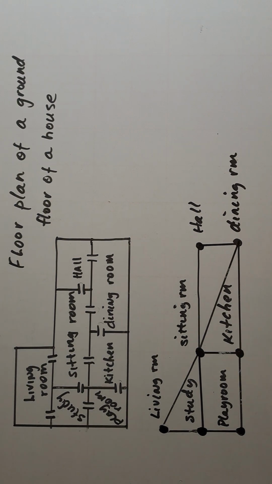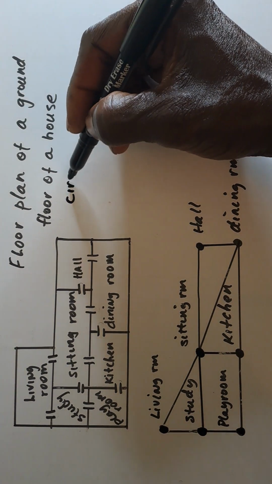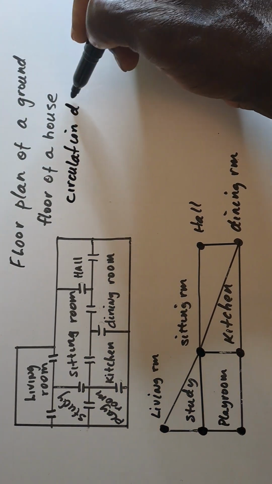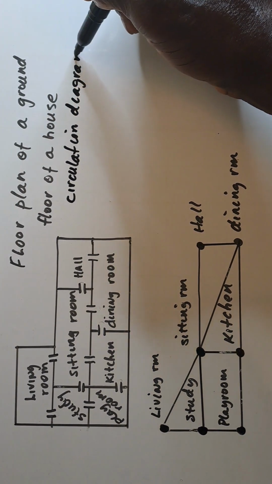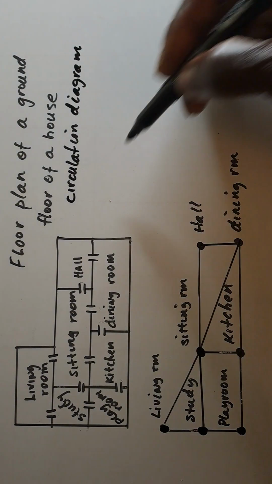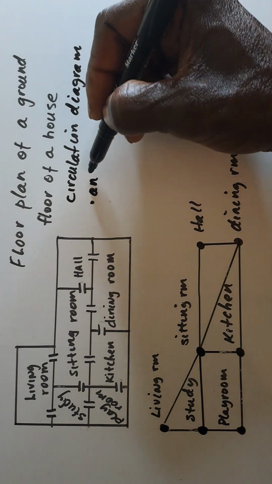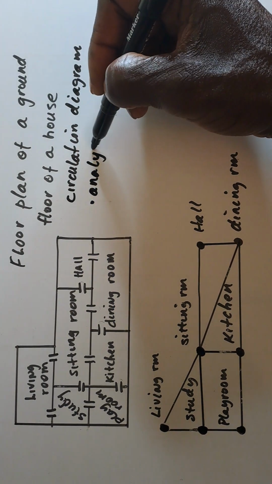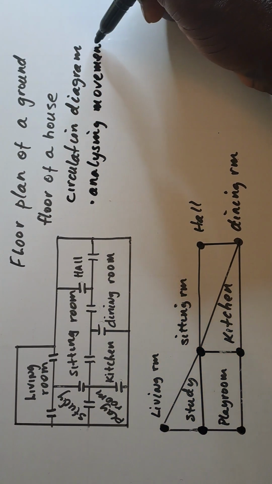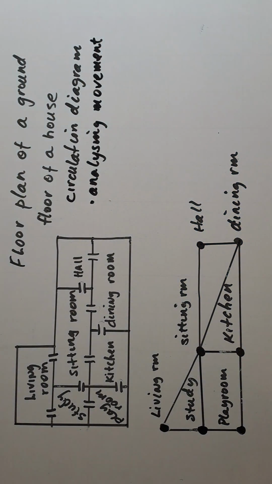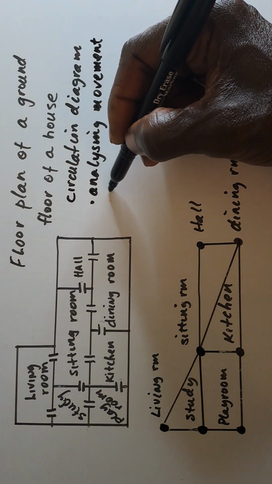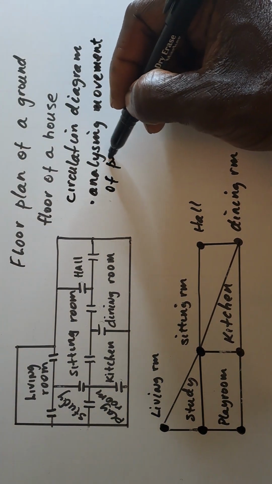It's actually called a circulation diagram, as used in the real world, analyzing movements of people in large buildings.